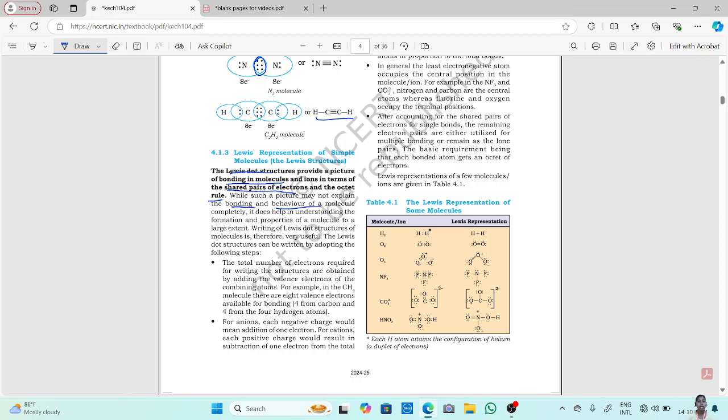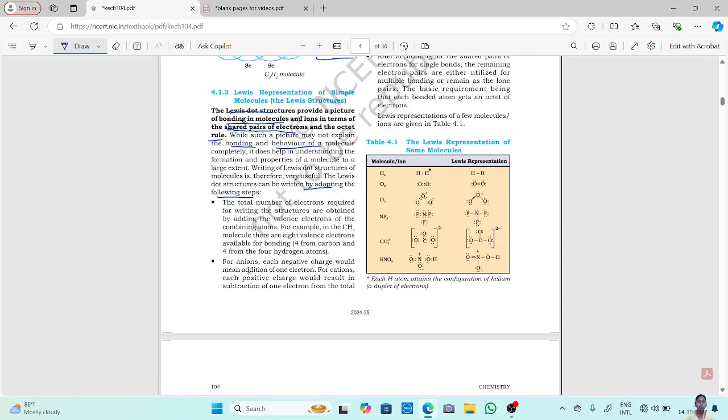But what are the steps involved in writing the Lewis dot structure? The total number of electrons required for writing the structure is obtained by adding the valence electrons of the combining atoms.